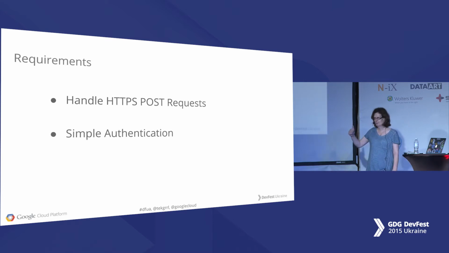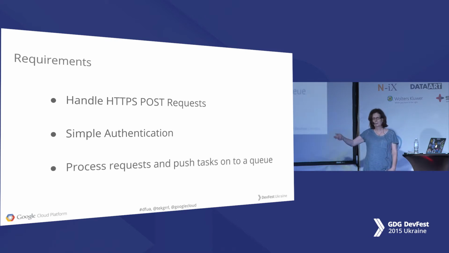We want this only to be accessible from within the application. We don't want other people to be able to upload videos and do other strange things to this endpoint. So this should only accept requests from the cloud storage bucket. And we also need it to be able to process anything that comes in and push tasks onto a queue somewhere or onto a topic.